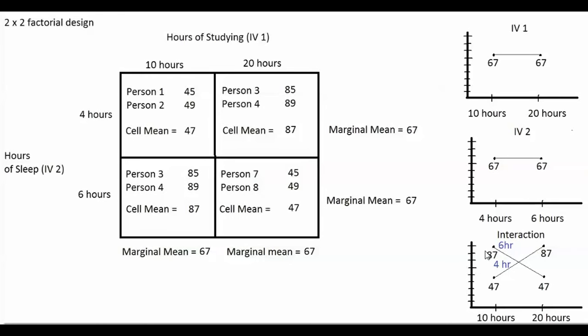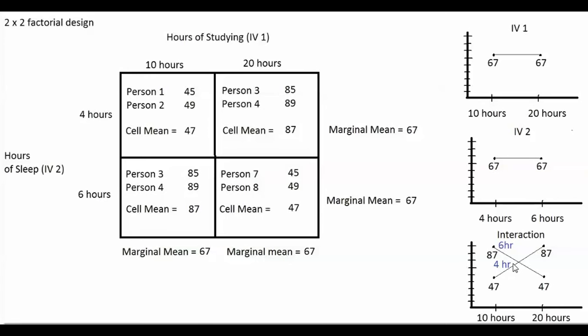Here we have an interaction in which the effect of IV1 in the first row is the opposite of the effect of IV1 in the second row. In the first row, the effect goes up by 40, and in the second row, the effect goes down by 40.